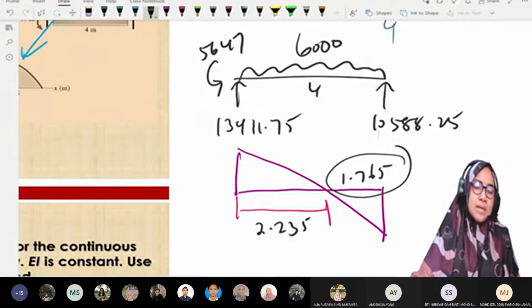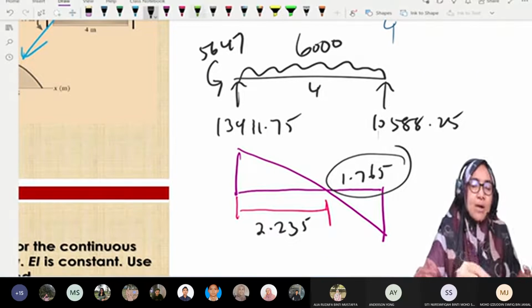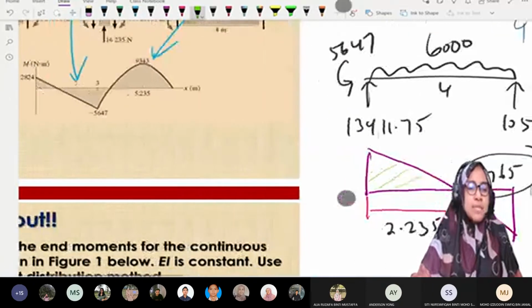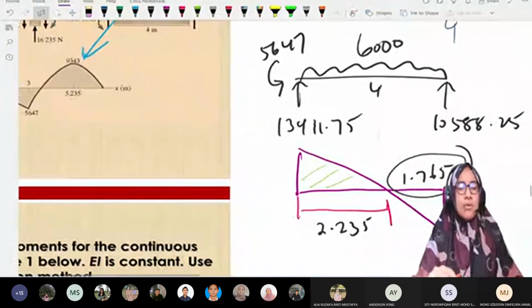So yang dekat sini, the area of this triangular, bila you total, you akan dapat moment. Okay, that is how we identify the maximum moment. So how to identify that?